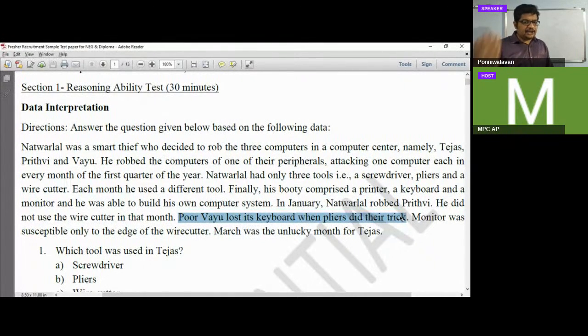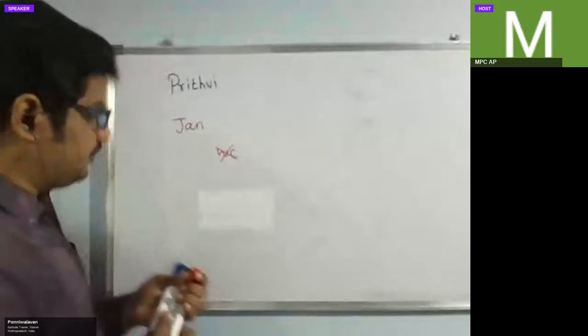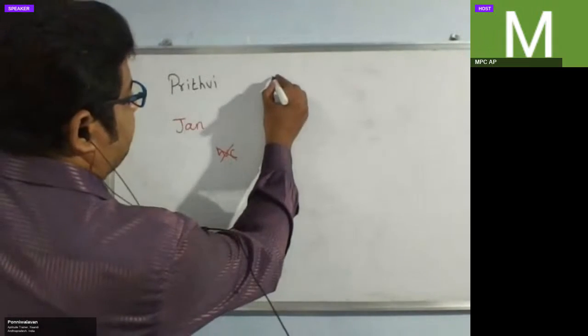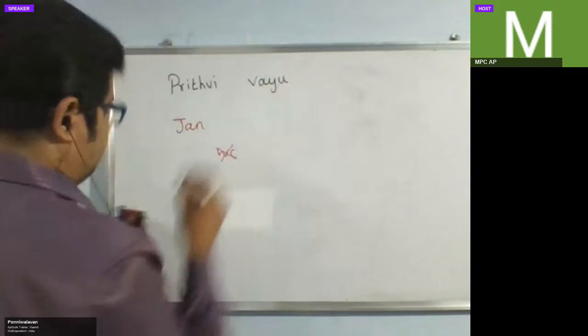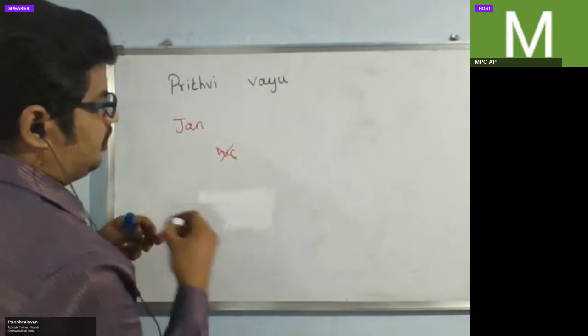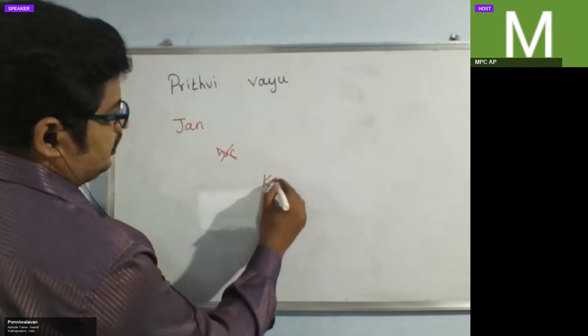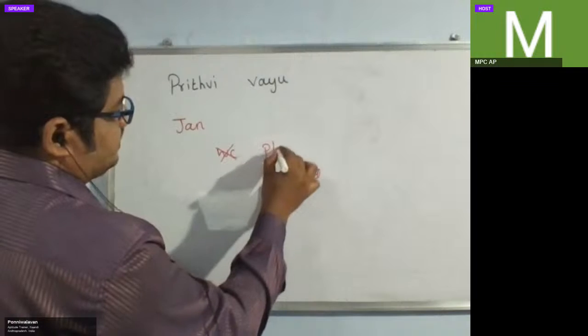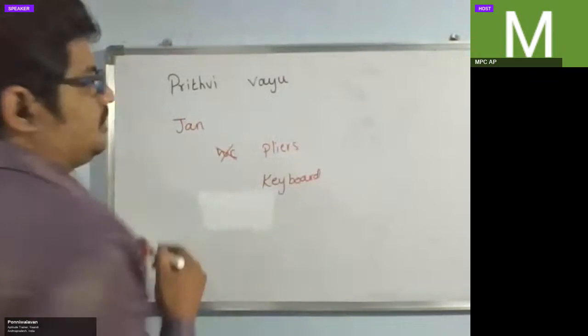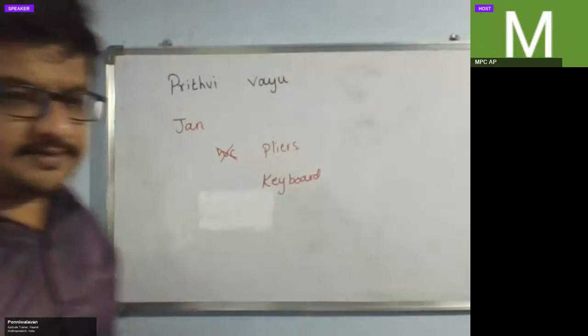That means he took the keyboard from Vayu using pliers.